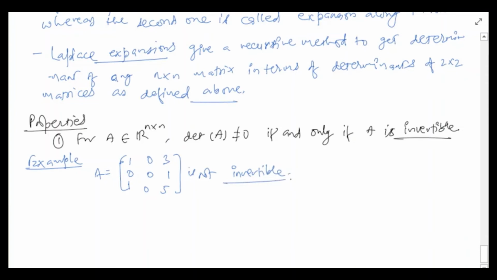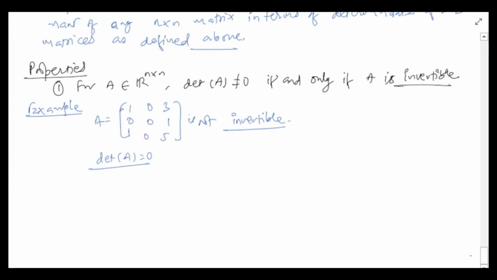It can be easily checked that its determinant is 0. In fact, in this case, it's trivial to check. If we expand along second column, we see that all the terms in the expression of determinant will be 0. So determinant of A is 0.